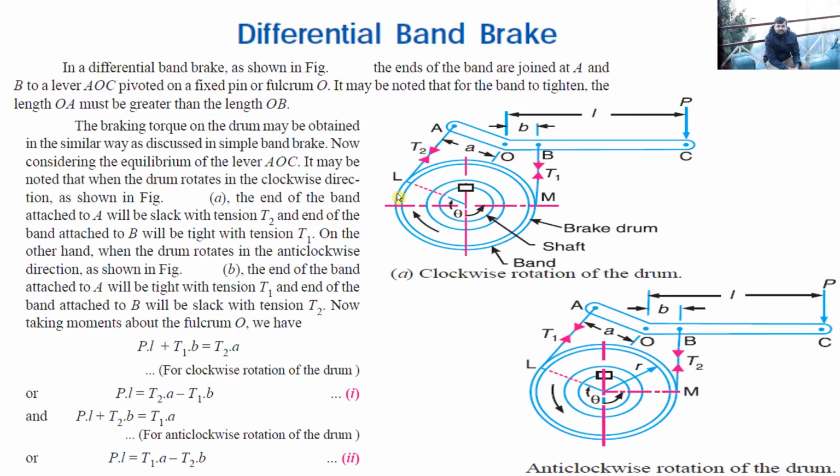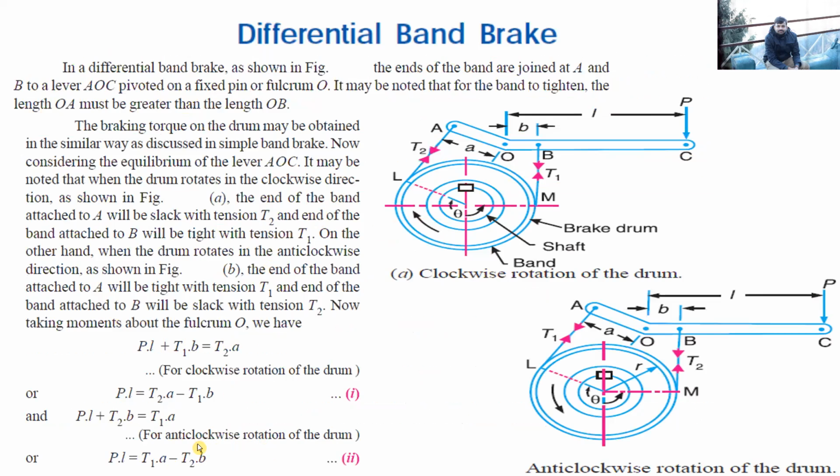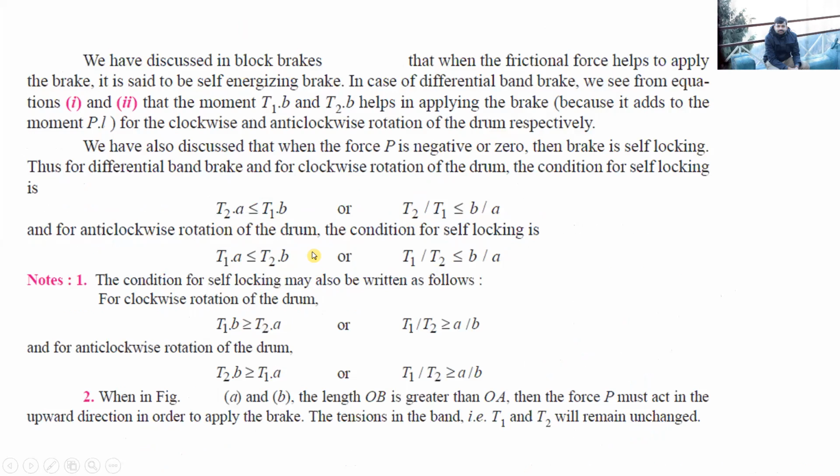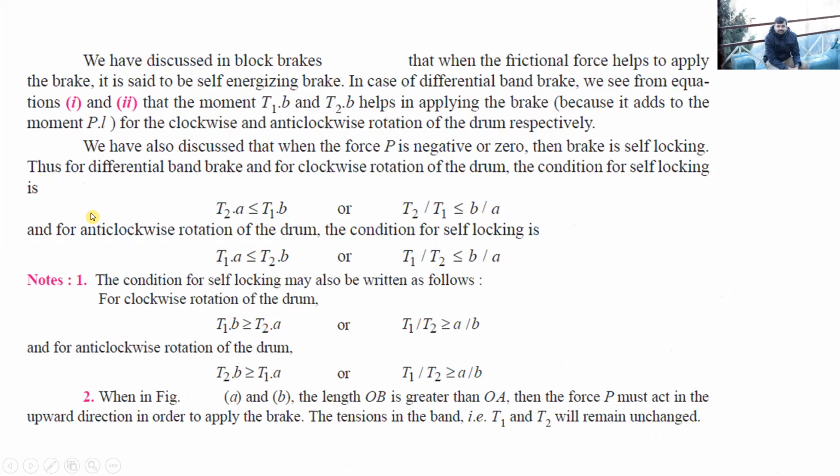And for anti-clockwise direction, T1 into A should be less than or equal to T2 into B. In case of anti-clockwise direction, this entire term should be negative. Then only it will be a self-locking brake. I hope this is clear to you.